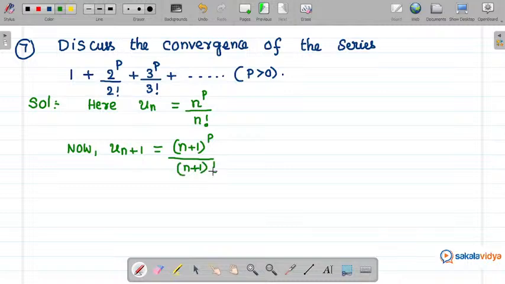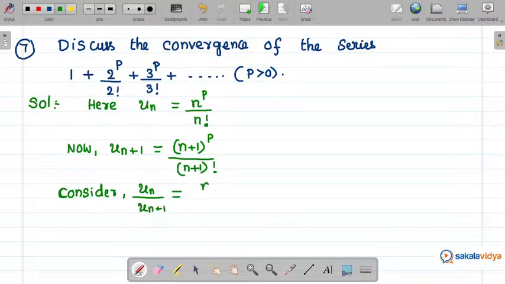Before applying D'Alembert's ratio test, let us evaluate un by un plus 1. So consider un divided by un plus 1.